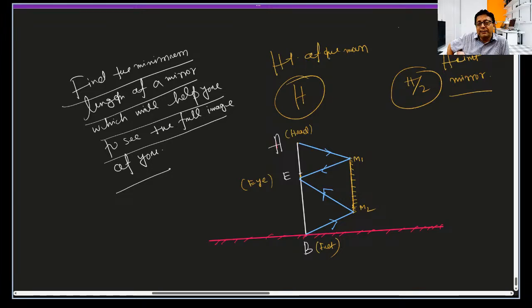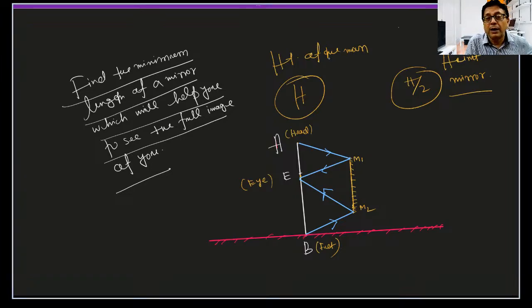He can see the full image of his own. You have to find the length of M1, M2 in terms of the height of the man. Okay? Problem is clear? Now let me prove that. See, I am proving how I am proving it.